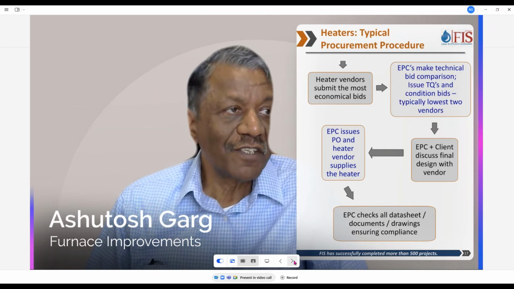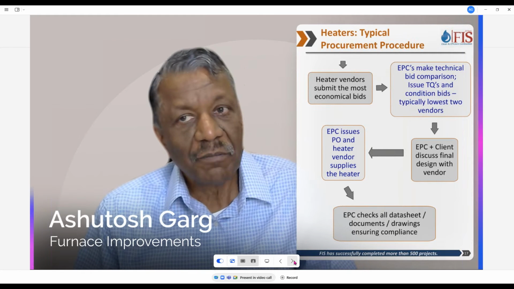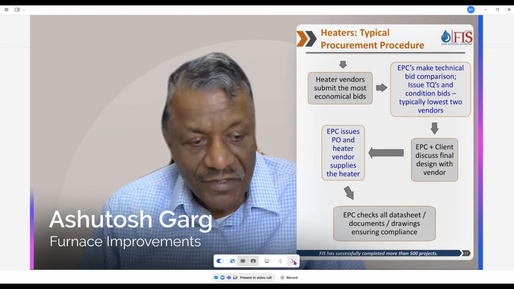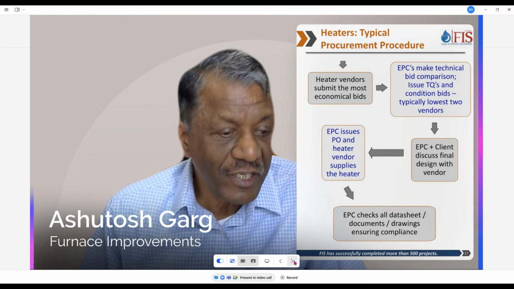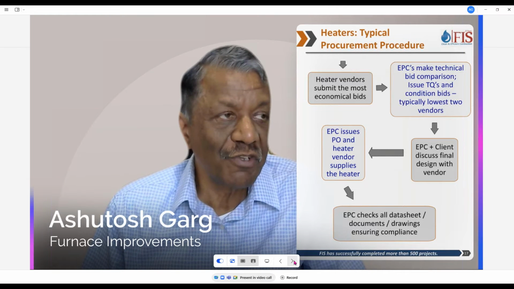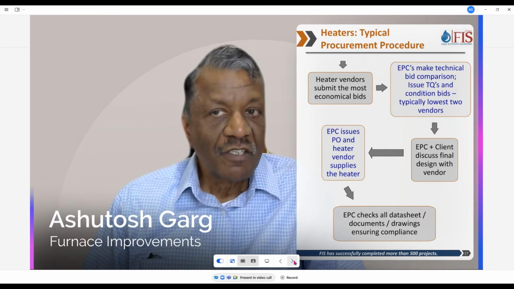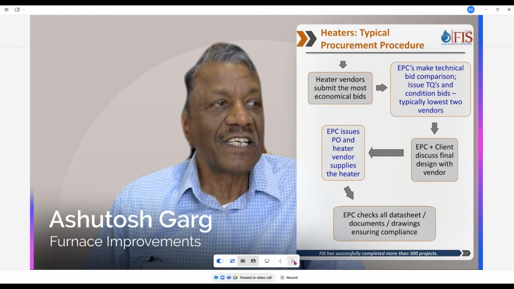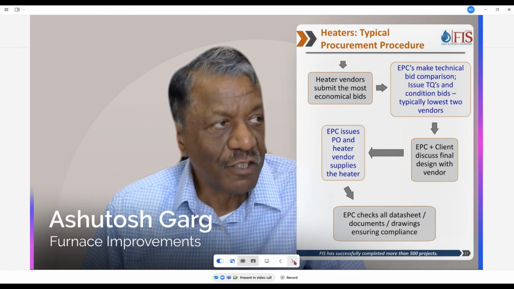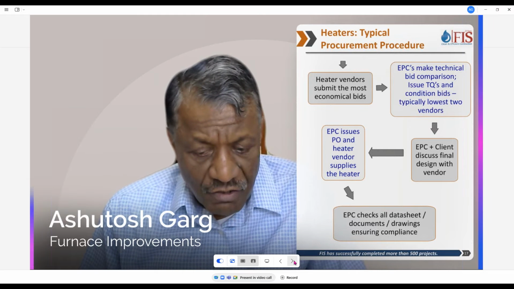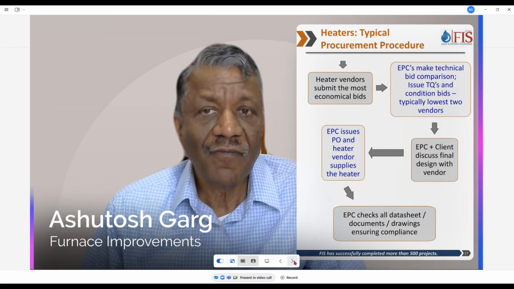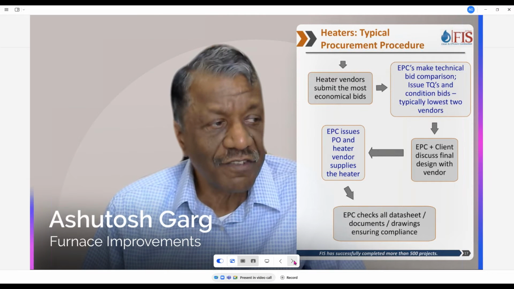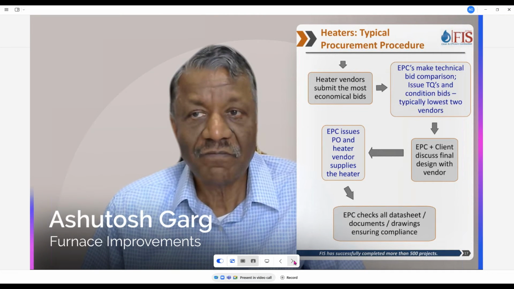So heater vendors submit the most economical bid because the way business is looked at now, EPCs look at only the lowest L1, L2, and at the most maybe L3 bids. So the race is to get down into L1 or L2. So that is one reason why the vendors keep on cutting corners in heater design.